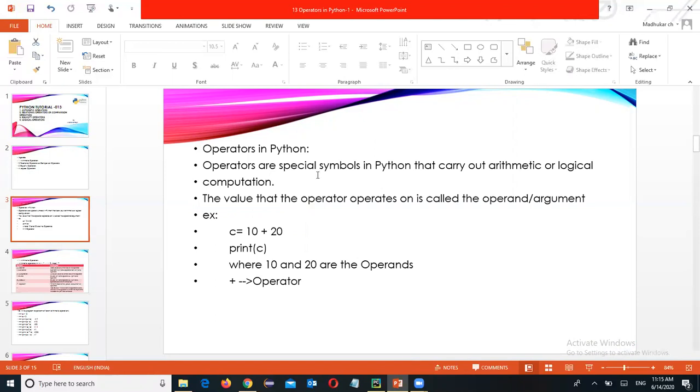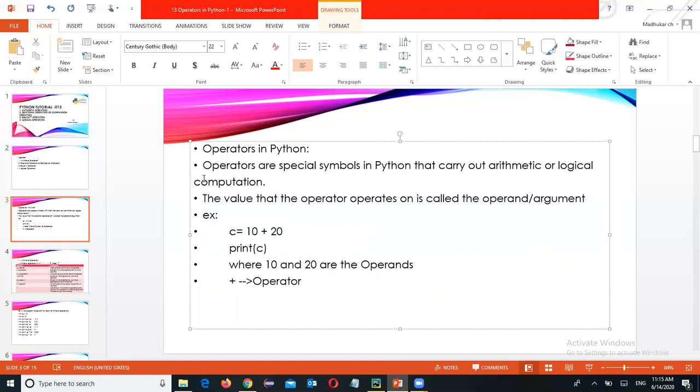Operators are the special symbols in Python that carry out arithmetic or logical computation, that is, calculations. The value that the operator operates on is called the operand, or argument.